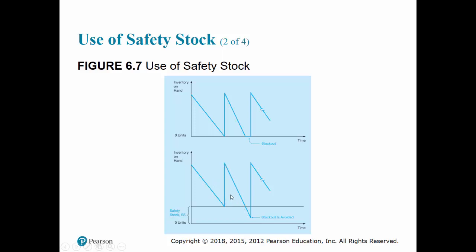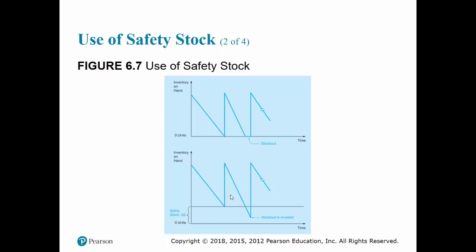So the question then is, what is the probability of stock out that you're willing to accept? And that is usually expressed as a service level, that is 1 minus probability of stock out. What is the probability of not running out of stock?